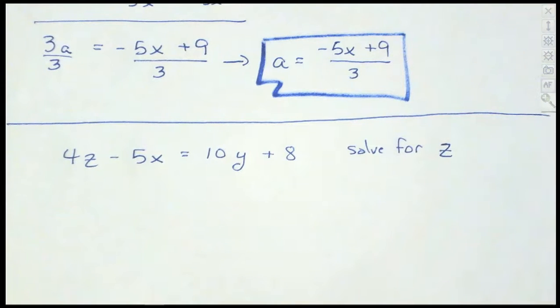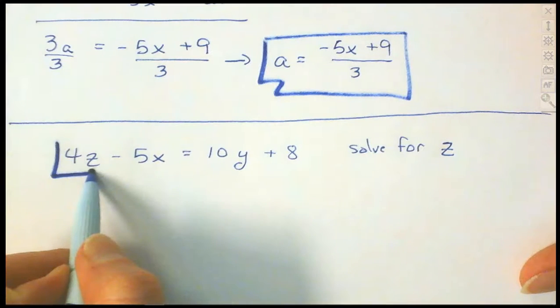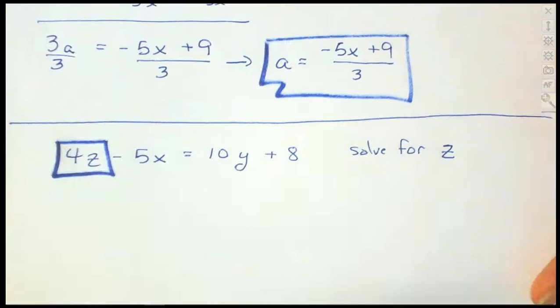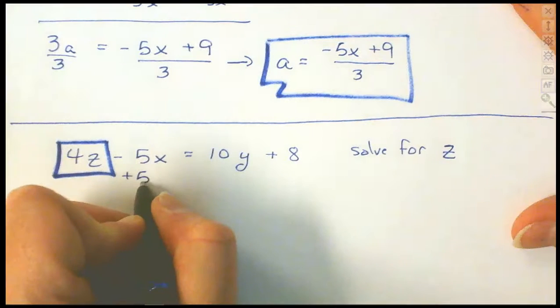Our ultimate goal is going to be to get the z by itself. So let's find everything that has a z. In this case, it's just a 4z. Everything that does not have a z needs to go to the right-hand side. So what is not inside this box here? The 5x. So I'm going to go ahead and add that 5x over.